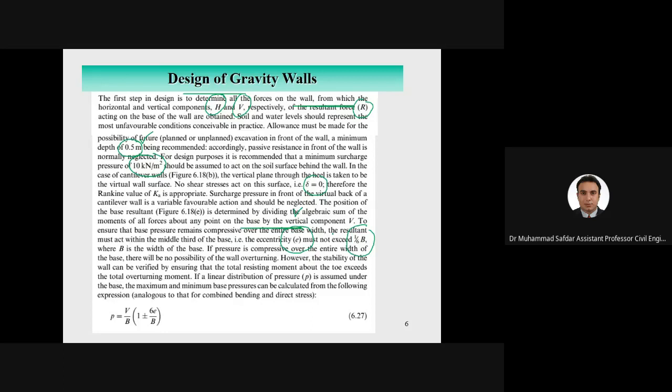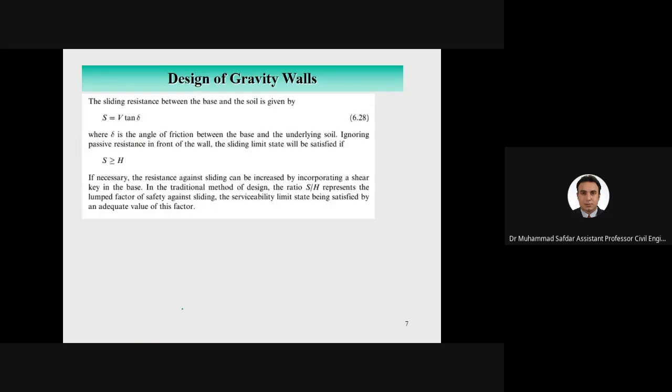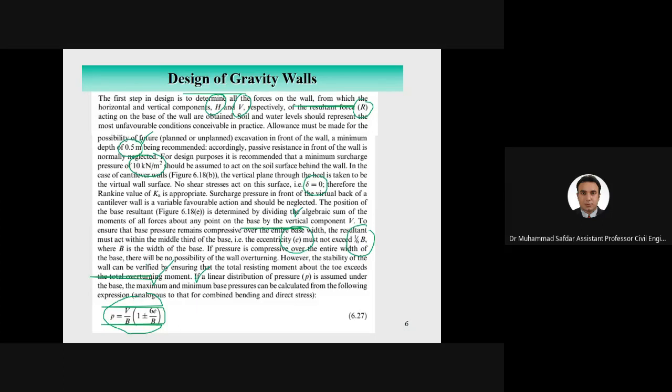We also need to find the maximum base pressure and the minimum base pressure, using P is equal to V by B, times 1 plus minus 6E divided by B. Please kindly note down these equations, because we are going to use them in solving examples and problems in today's class.